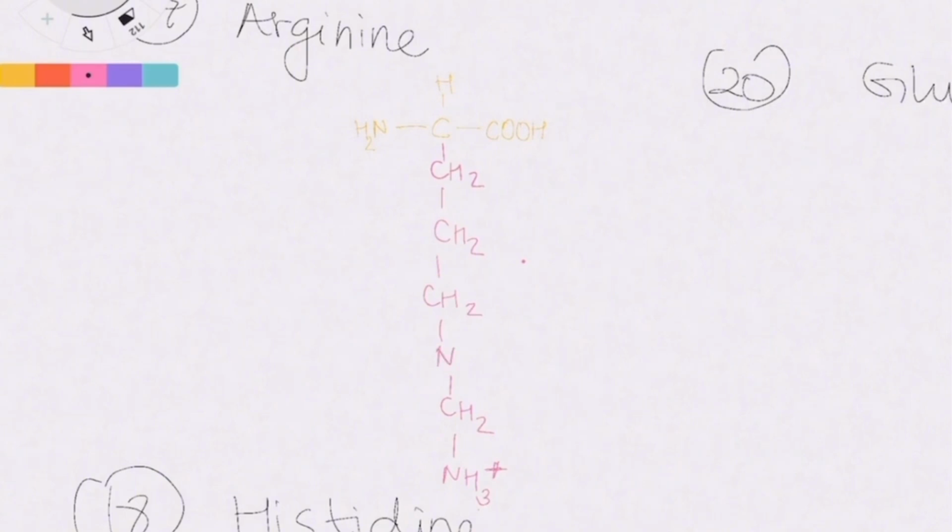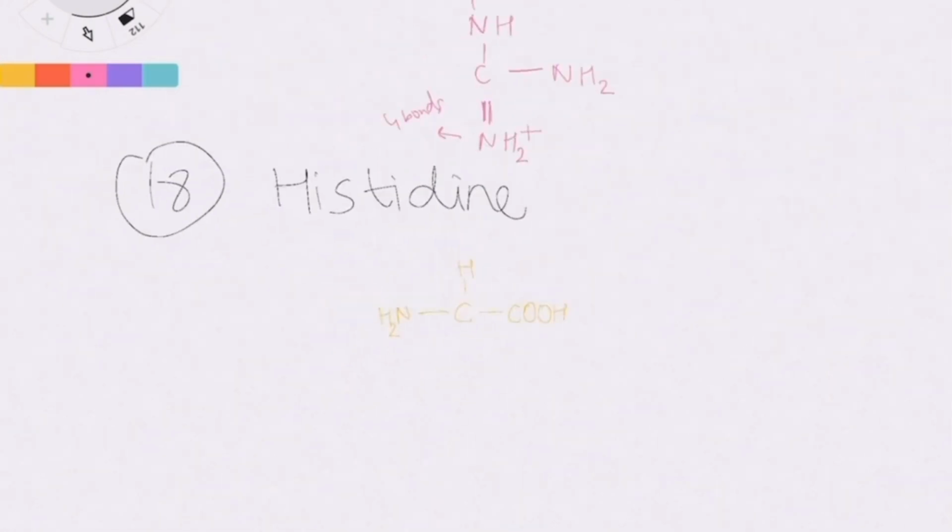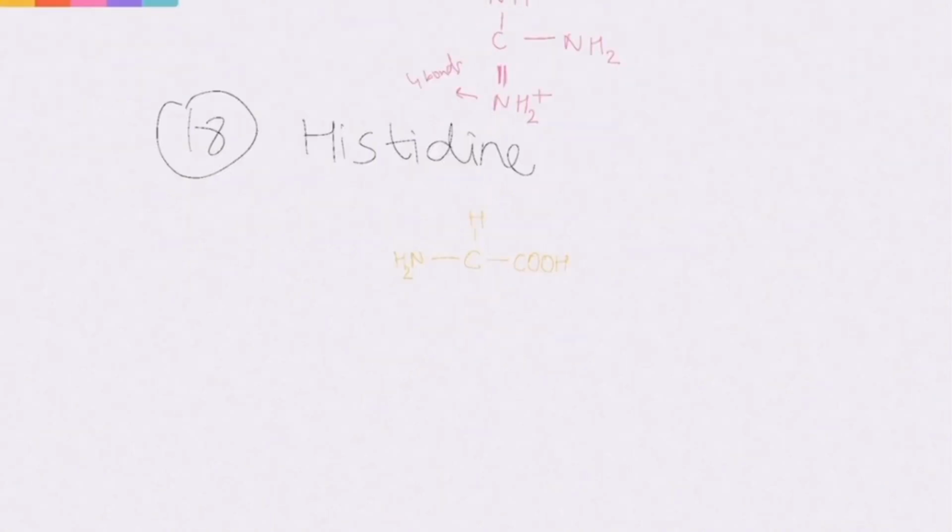So we're just going to move this down a little bit, add another nitrogen atom in this chain, and let me remove the hydrogen atoms here. And we're going to add a 3rd nitrogen that's branched with this carbon. Now let's make sure that one of the nitrogens is positive. It's going to make a double bond and would have 2 hydrogen atoms, making 4 bonds in total. That makes it positive, and therefore that's a basic amino acid.